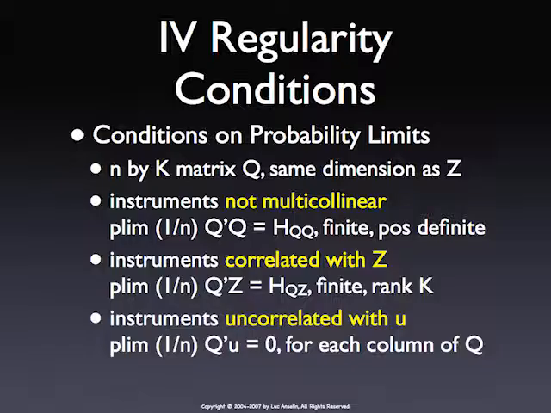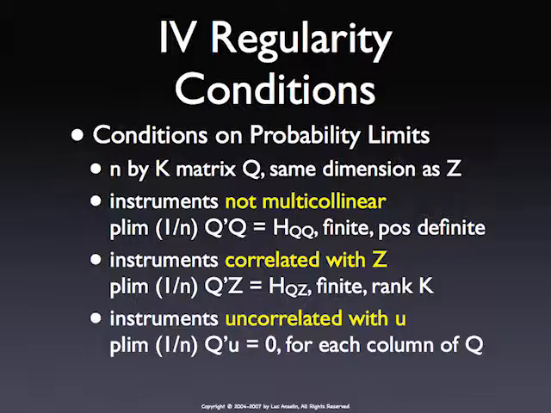If the rank was less, it would mean there is some interdependency there already that is superfluous, that is too much. So we want to make sure that there is some. The rank is one thing, the finite is another thing. We also want to make sure this is not 0. If it's 0, that would mean there's no correlation between the instruments and the original variables. That's not something we want.